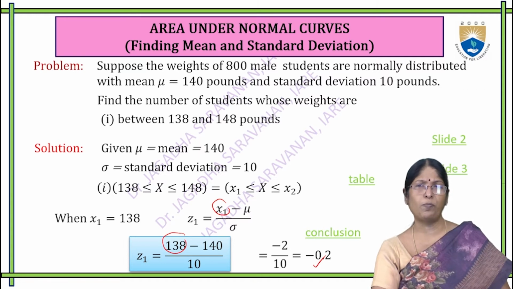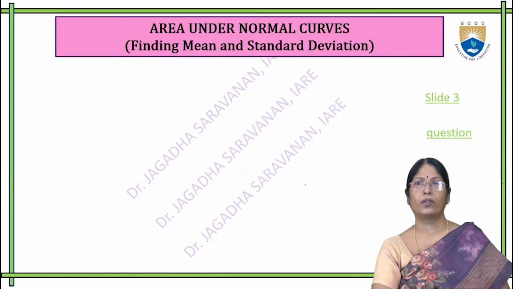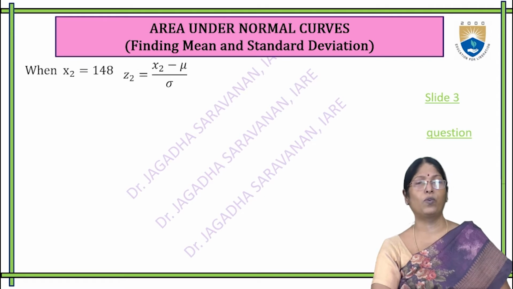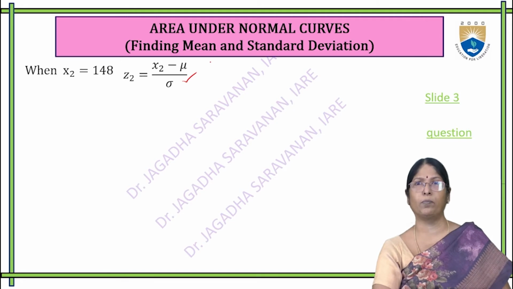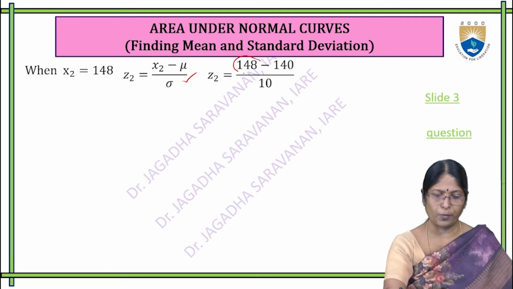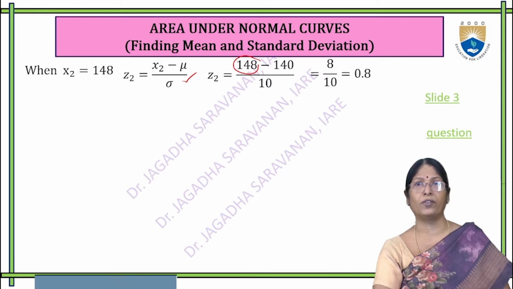Similarly, the same steps we followed for x1 we adopt for x2. x2 equal to 148, so z2 equal to x2 minus mu by sigma, which is 148 minus 140 divided by 10. So 8 by 10 is 0.8.